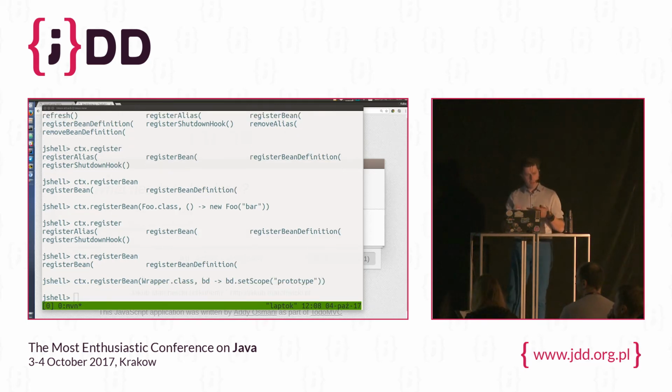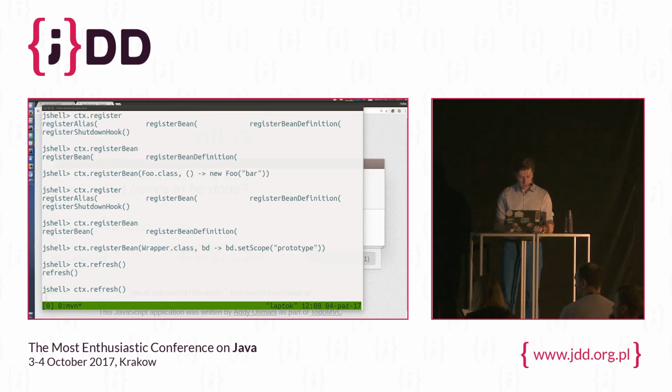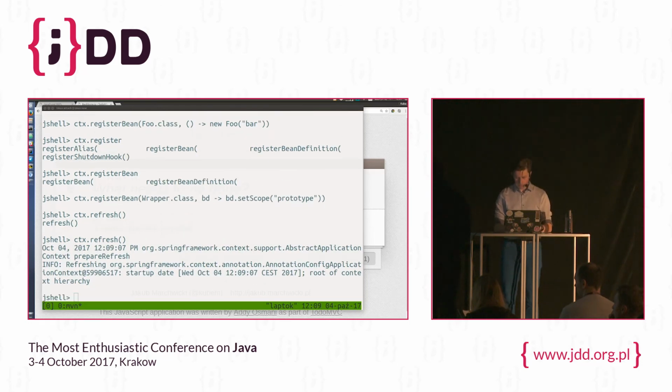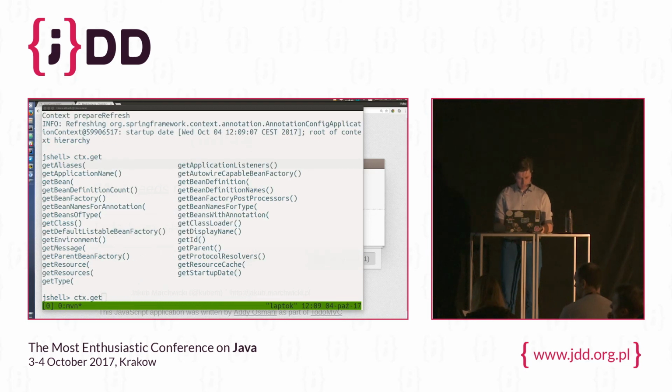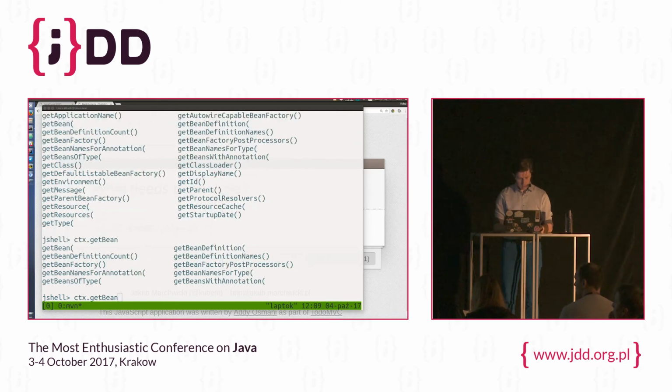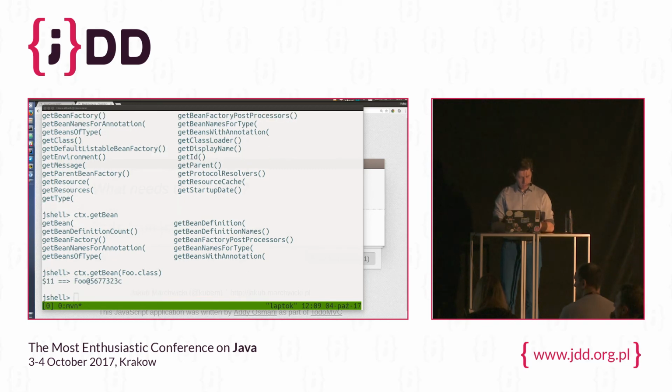So we now have two classes which are dependent on each other. We'll refresh the context, and I will do context get bean, or get bean foo. I'll take the foo class, and now I have a foo bean under a variable.